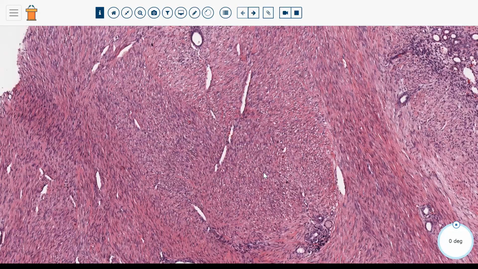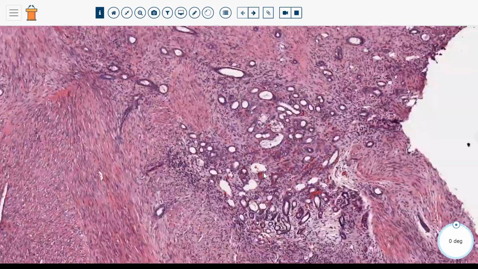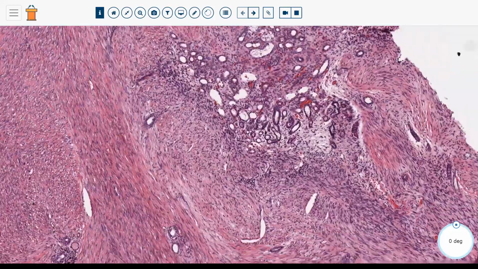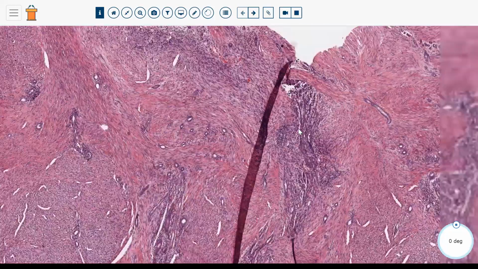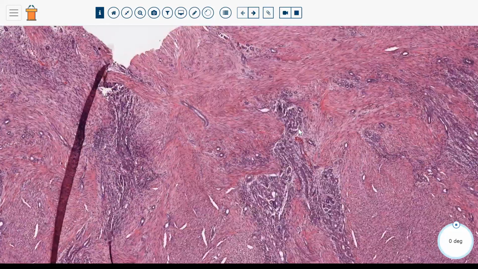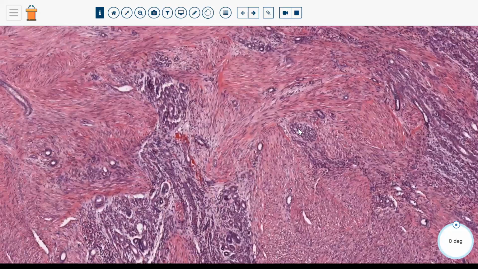And it's been recently recognized that a subset of inflammatory myofibroblastic tumors, instead of rearrangement of the ALK gene, which is the most common rearrangement in that tumor, also has this ETV6-NTRK3 fusion. So this is a pretty good example of a congenital mesoblastic nephroma in a young child.